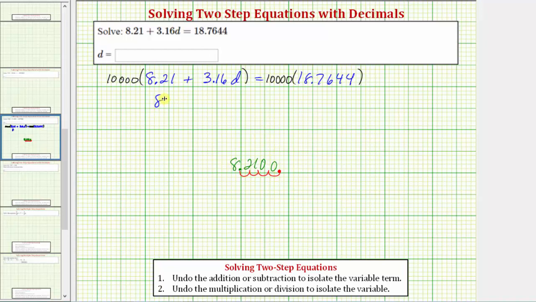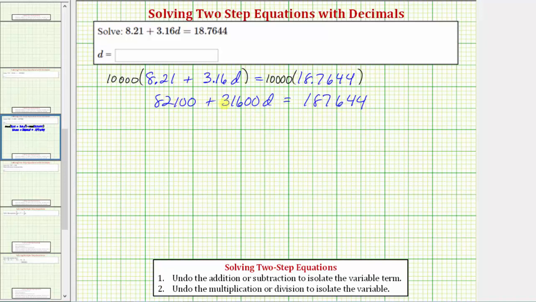So we have 82,100 plus 10,000 times 3.16d is equal to 31,600d equals, on the right, 10,000 times 18.7644 is equal to 187,644.